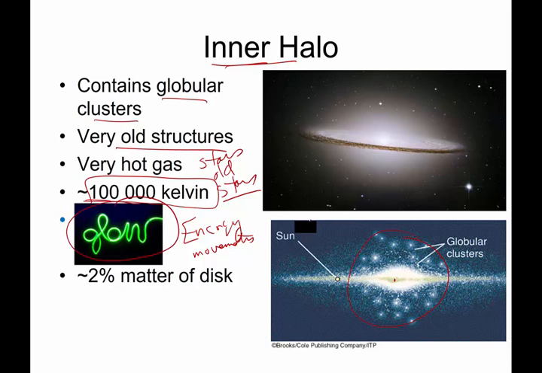So as we look at pictures of other galaxies, as this chapter unfolds, we're going to find that for most galaxies, the inner halo has a tendency to glow. But it doesn't contain an awful lot of matter, a small quantity of matter. This inner halo, this glowy area around it, only contains about 2% of the matter of all of the disk itself.